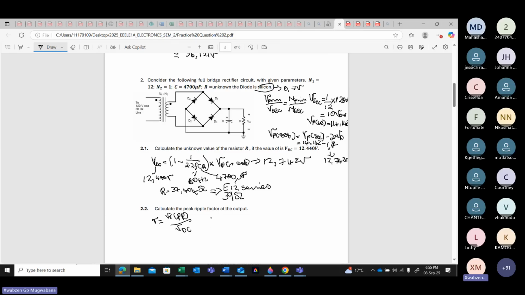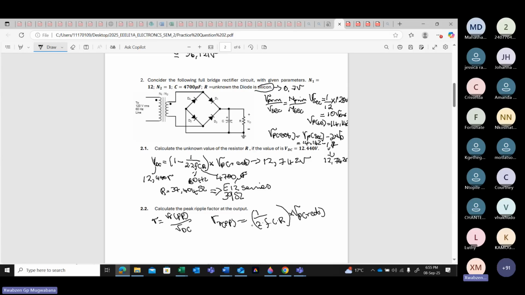How do I calculate that one? V ripple peak to peak will be given by 1 divided by 2 times the frequency times the capacitance times the resistance, all of these multiplied by V peak rectifier. Are we together?